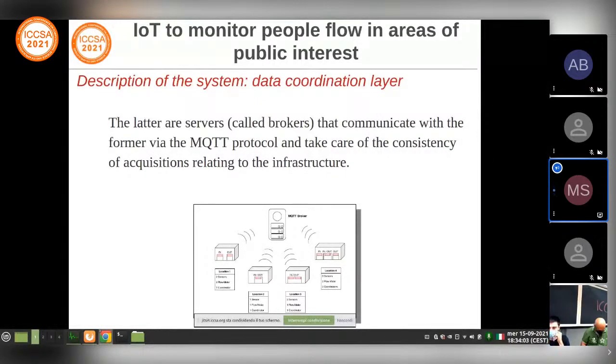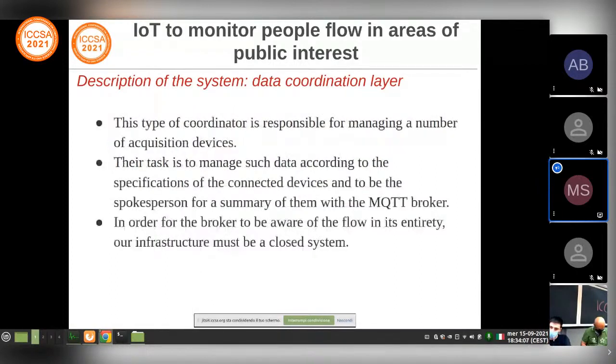In the picture, we can see a schema on it. The coordinator is in charge of handling a number of acquisition devices. Their responsibility is to manage such data in accordance with the requirements of the linked devices, and to act as spokesman for a summary of them with the MQTT broker.